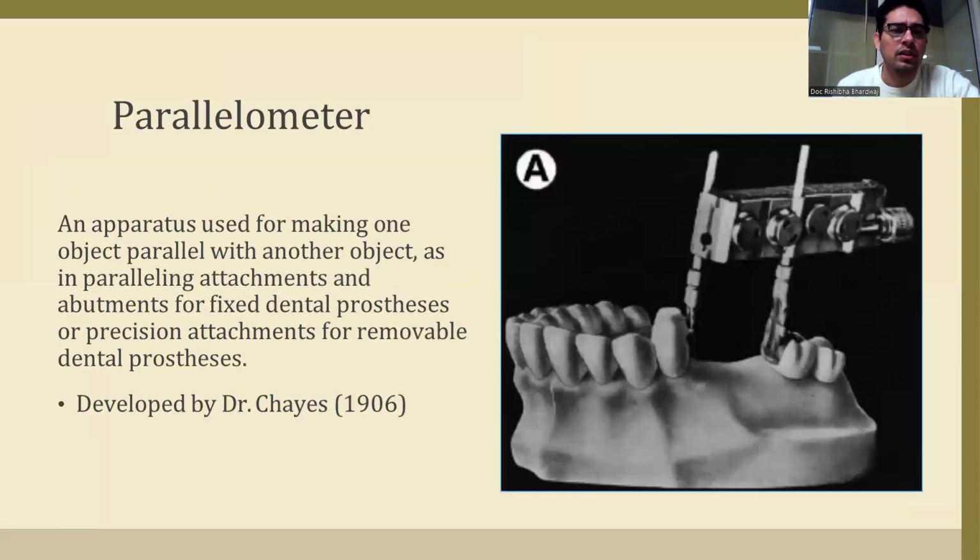Next, they started using parallelometers, an apparatus used for making one object parallel with another object, as in paralleling attachments and abutments for the fixed dental prosthesis, or precision attachments for removable partial dentures or removable dental prosthesis. That was developed by Dr. Kais in 1906. This is a parallelometer that we can see in the picture.